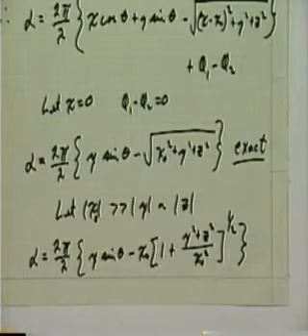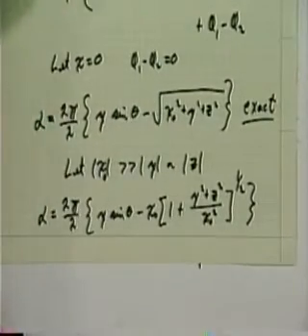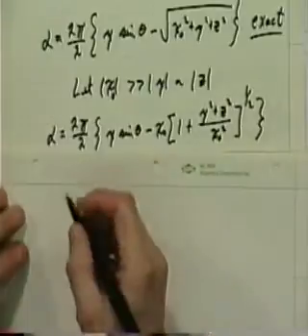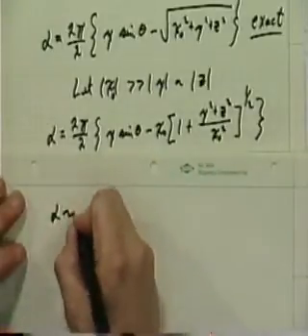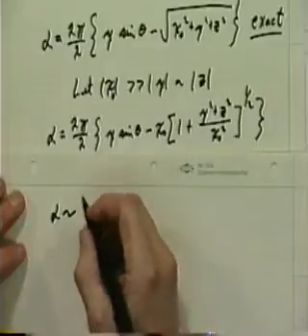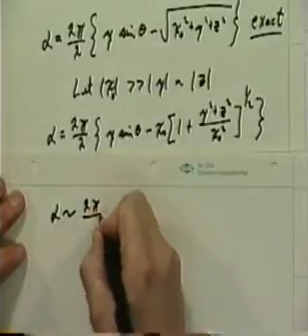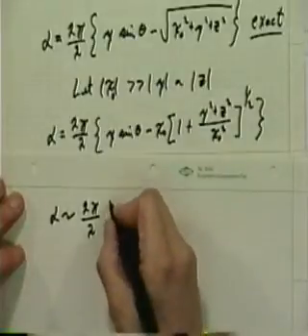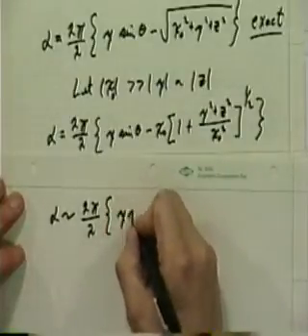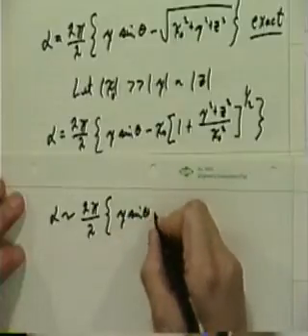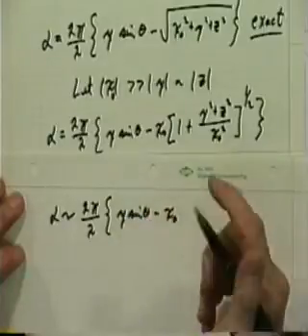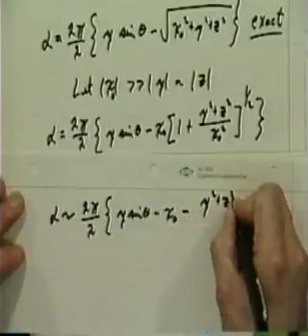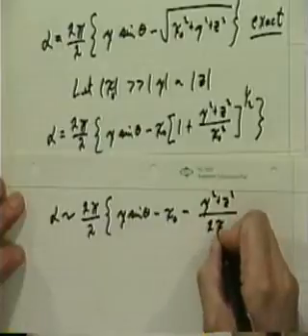And then we will expand this and get that alpha is approximately equal to 2 pi divided by the wavelength times y sine theta minus x naught minus the quantity (y squared plus z squared) over 2 x naught.